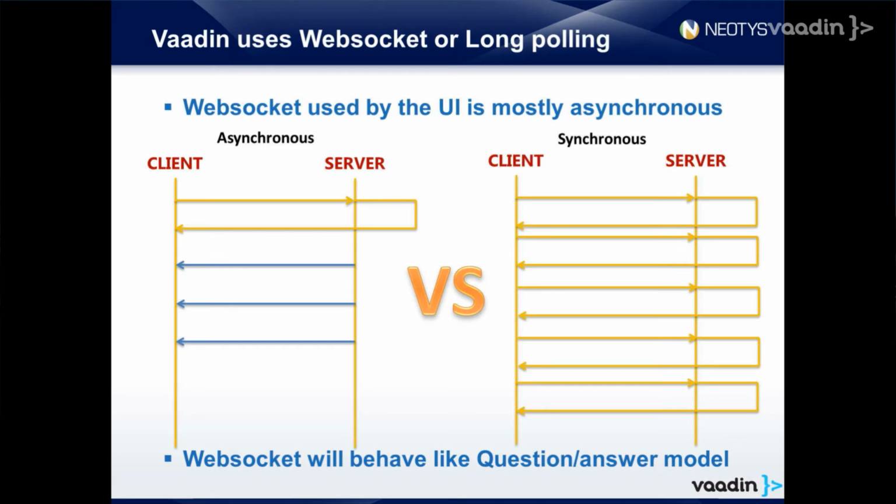Let's explain asynchronous first. You have a client and a server, and a good example would be a trading application, where the clients are mostly listening to the traffic that comes from the server. If I want, for example, to trade dollars, then I want to make sure that I always have the right price of the dollar in real time.